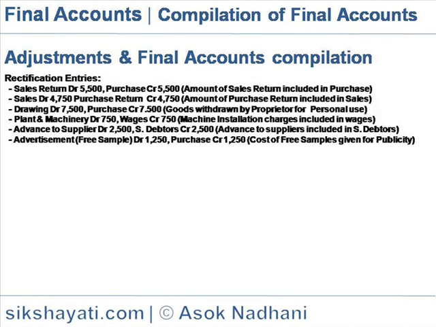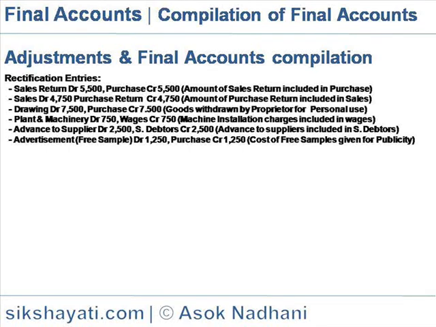Rectification entries. The entry for rectification is: sales return debit 5,500 to purchases credit 5,500, amount of sales return included in purchases. Purchase return: sales debit 4,750 to purchase return credit 4,750, amount of purchase return included in sales.